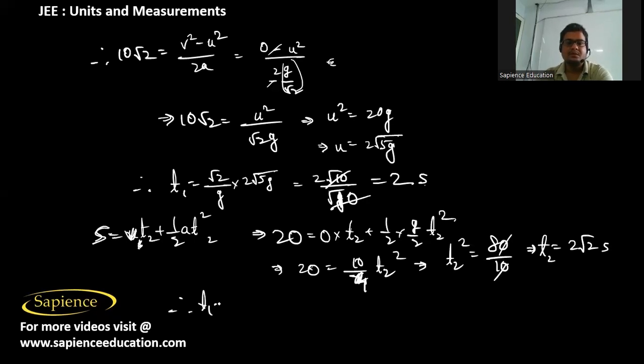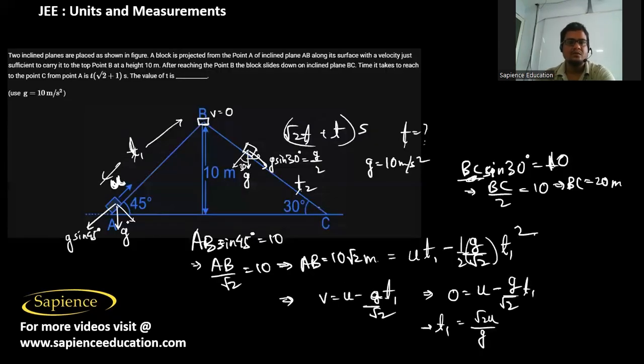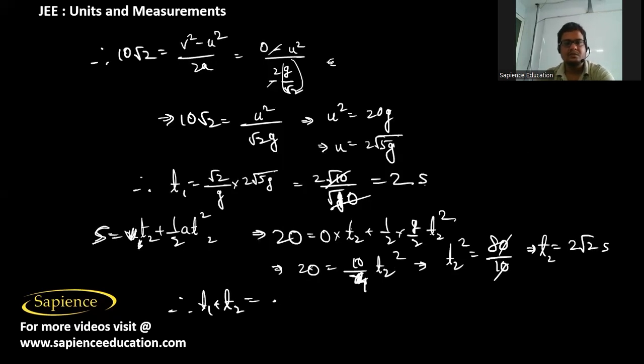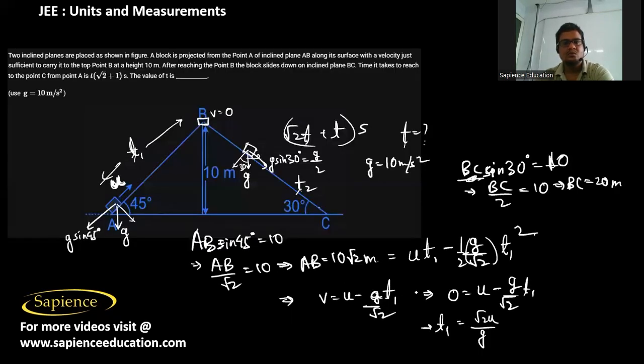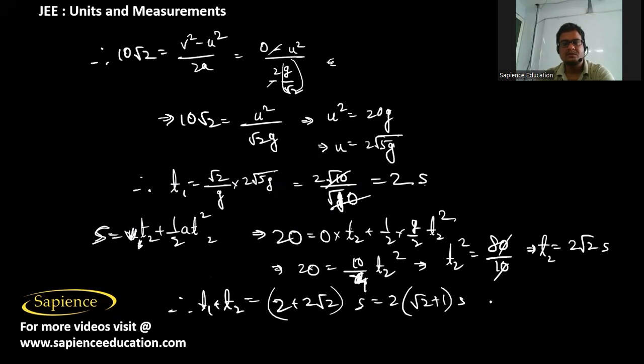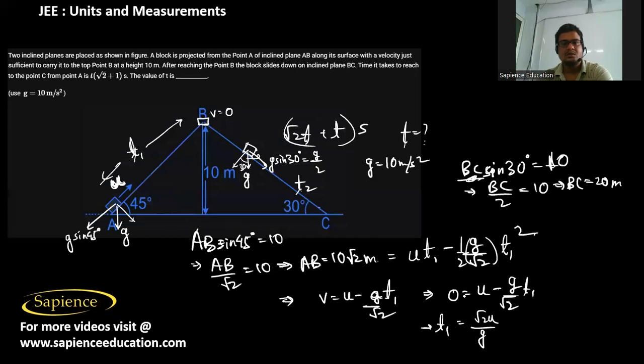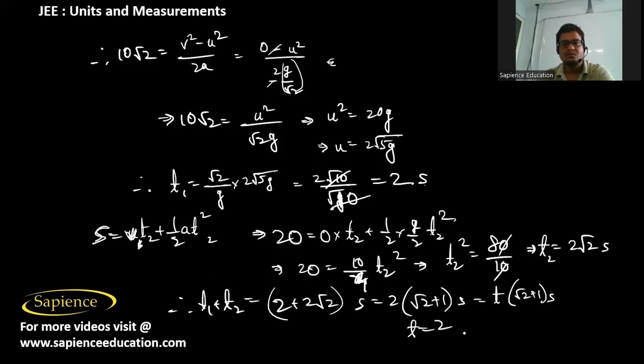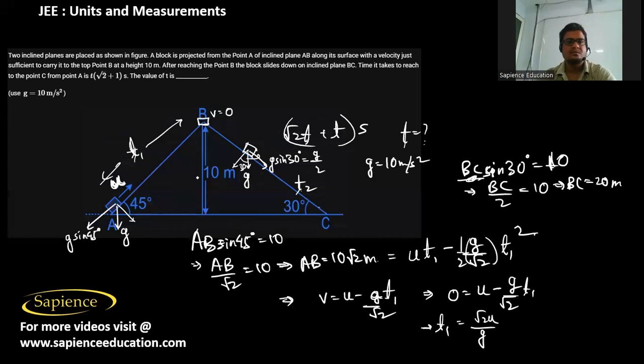Therefore t1 plus t2 is the total time it takes to go from A to B and then to C, that is 2 plus 2 root 2 seconds. That is 2 into root 2 plus 1 seconds, which equals t into root 2 plus 1, as given. So t equals 2. So the value of t is 2.